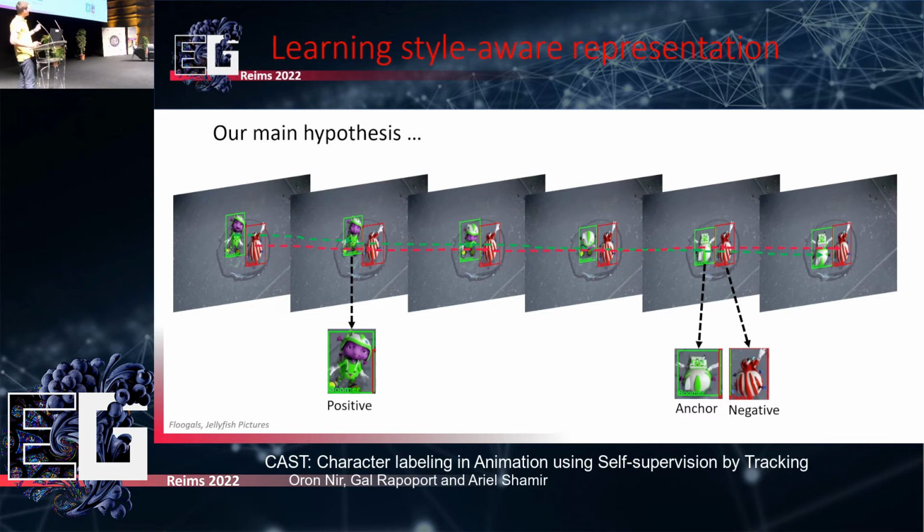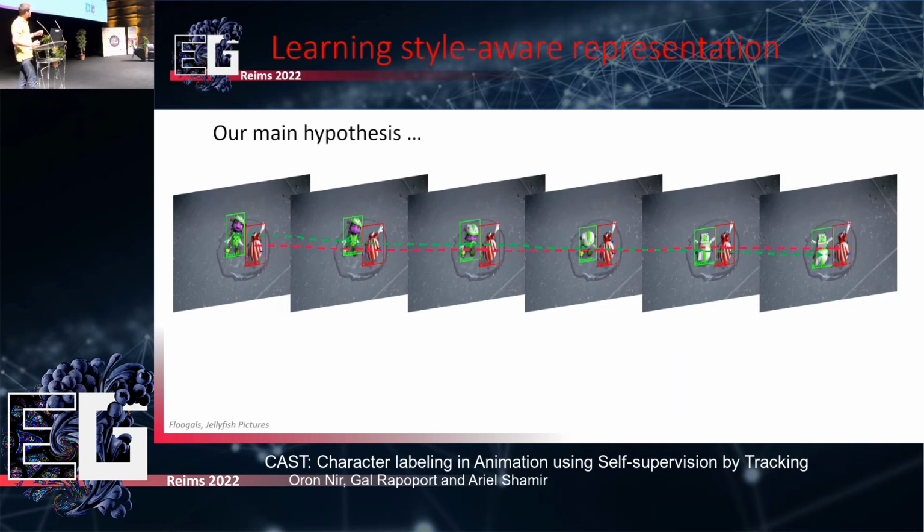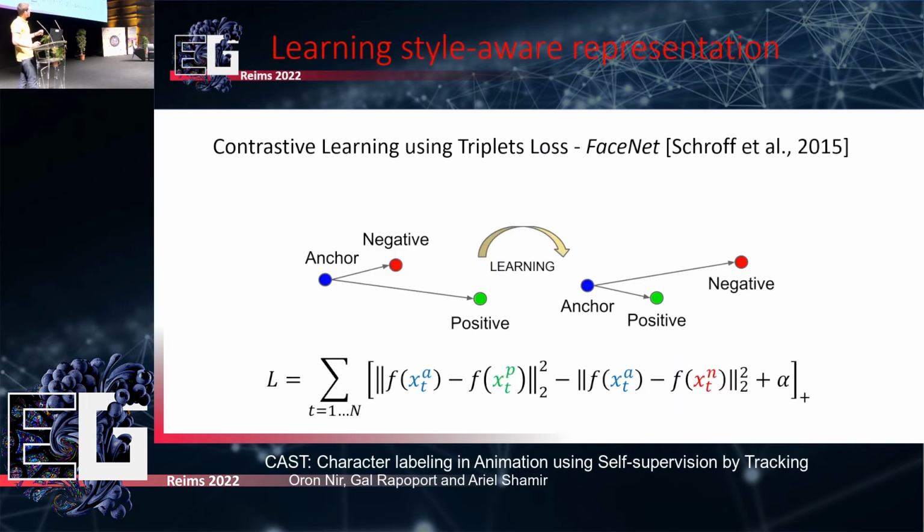By running detection and multi-object tracking, we sample those triplets. The triplet loss essentially encodes them into the latent semantic space.